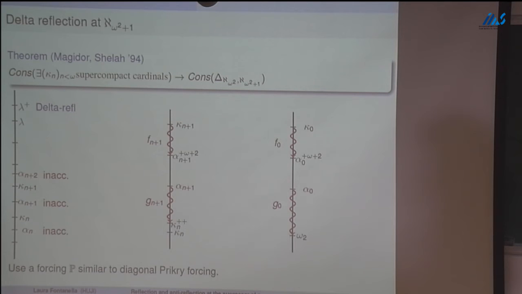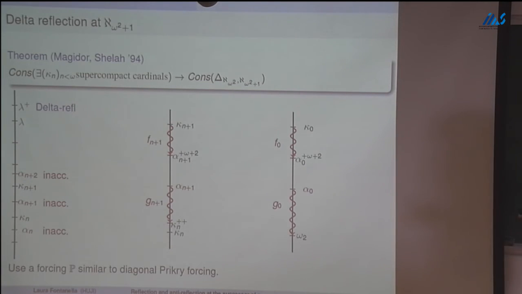So kappa 0 becomes Aleph omega plus 3, I guess. Anyway, and here you collapse all cardinals between kappa n plus plus and alpha n plus 1, and you collapse all cardinals between alpha n plus omega plus 2 and kappa n plus 1.